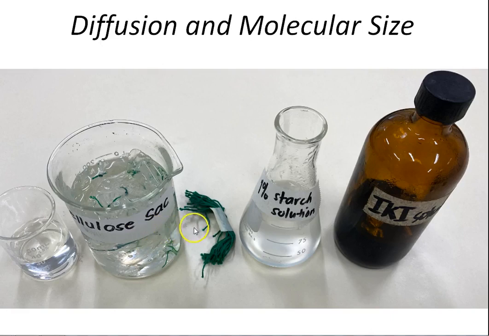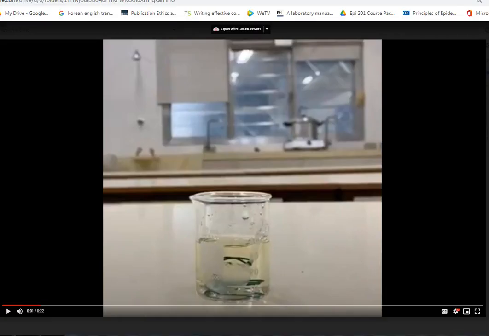So after that, we now place the cellulose sac in our beaker that we have already prepared, and then we let it stand for 20 minutes. And then we will check for color changes. So let's now observe what happened to our experiment.